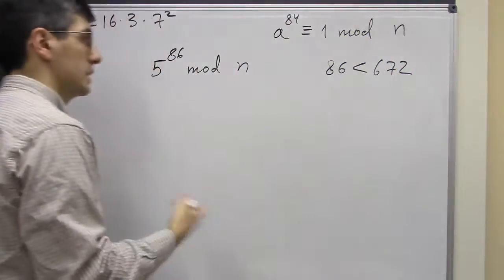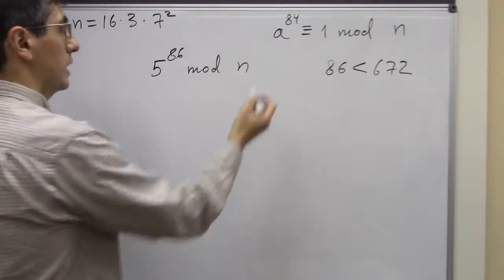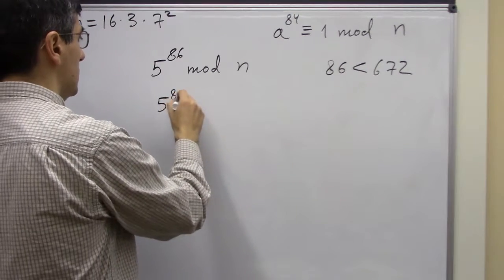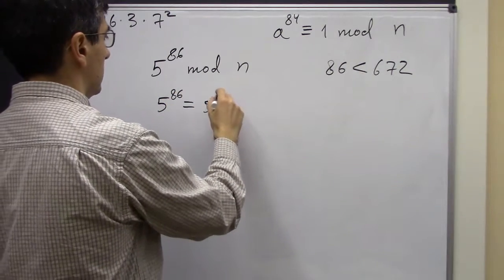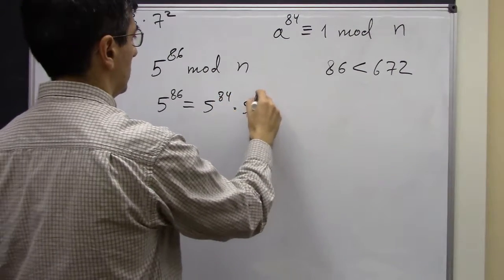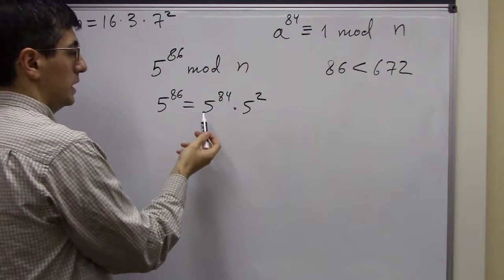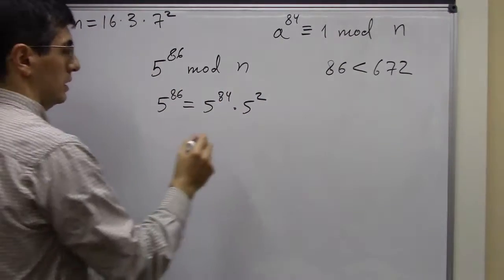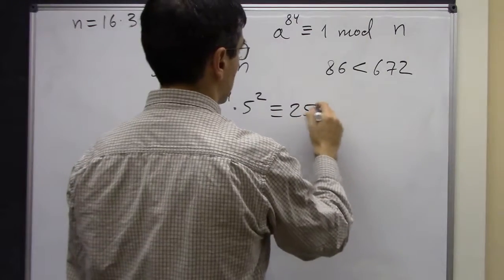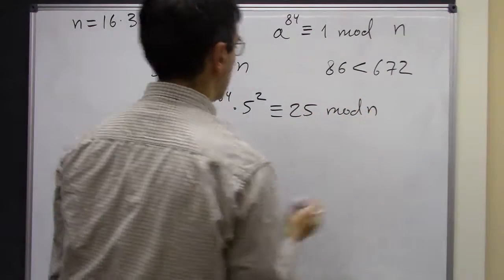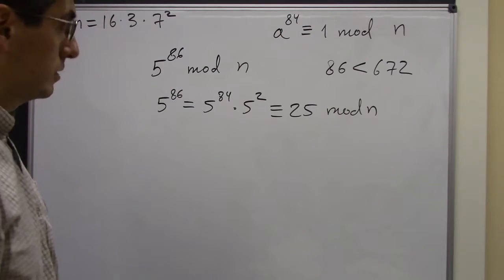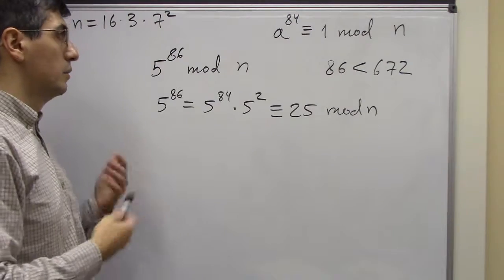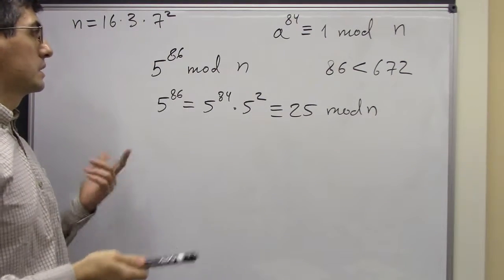So Euler's theorem doesn't give you any simplification. On the other hand, if you use this fact, you observe that 86 is equal to 84 plus 2, so 5^86 is 5^84 times 5^2, but 5^84 is congruent to 1 modulo n. So overall, this is congruent to 25 mod n, which is quite simple.